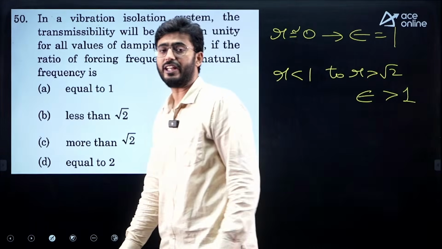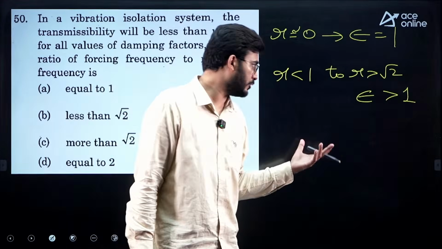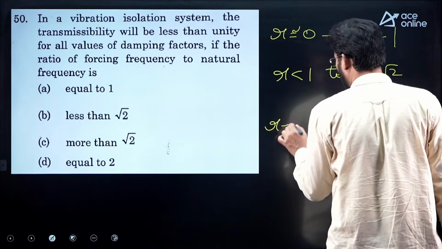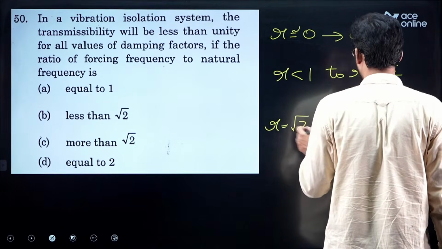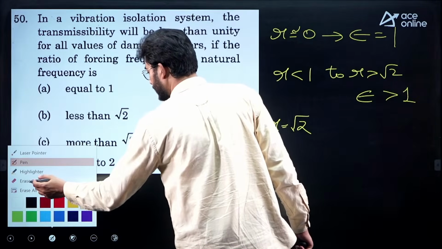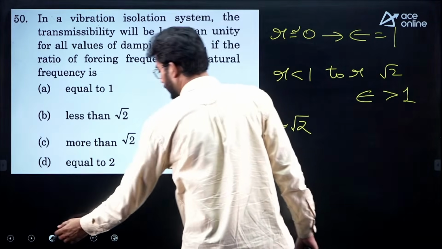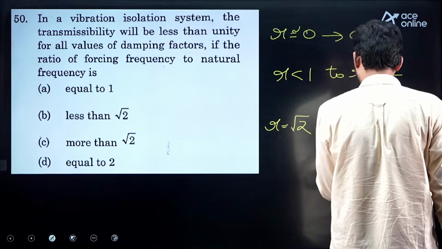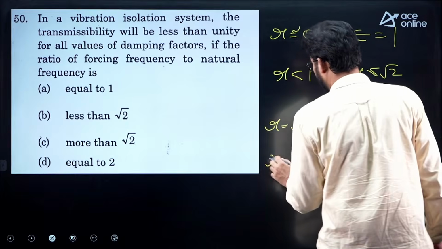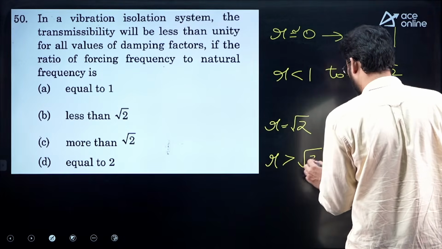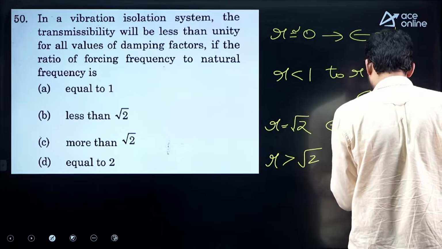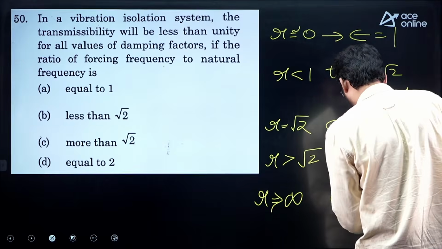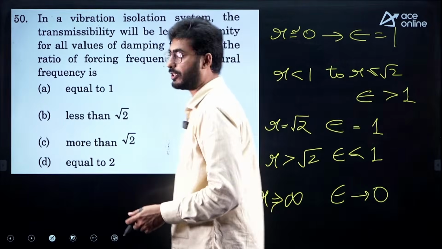So this zone we refer to as the magnification zone, wherein the transmissibility ratio is more. When R is equal to root 2, epsilon is equal to 1, and if R is greater than root 2, epsilon is less than 1, and if R approaches infinity, epsilon approaches 0. These are the conditions you need to remember.